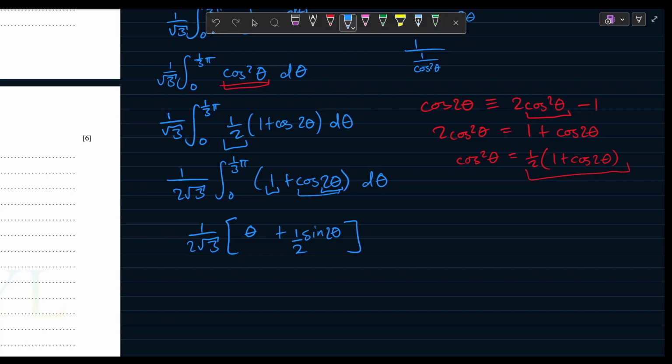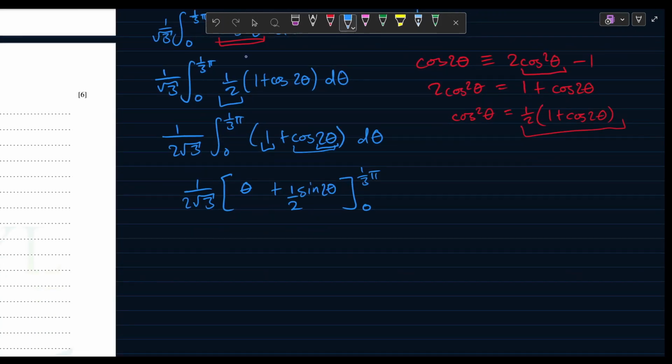All right, and our limits are from 0 to a third pi. So we can go ahead and substitute in our limits. 1 over 2 root 3, and then the upper limit is going to be a third pi plus half sine 2 times a third pi.